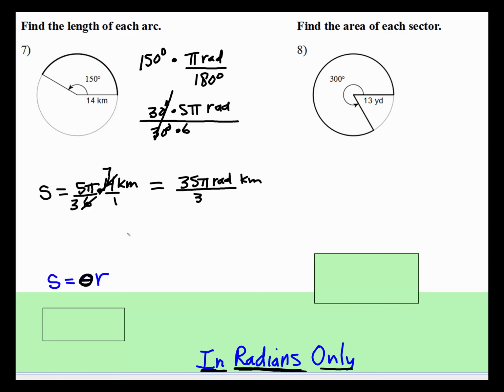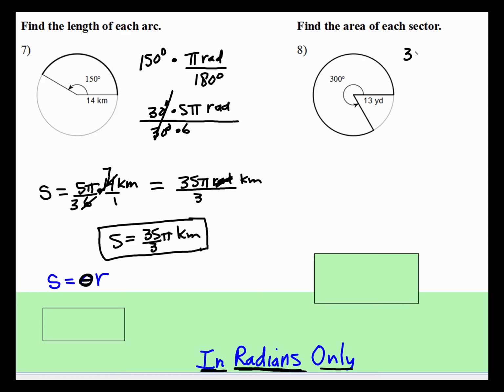So the arc length s is equal to 35 thirds pi kilometers. Notice we no longer have to name it radians because that's just how it's been converted. And there you go.